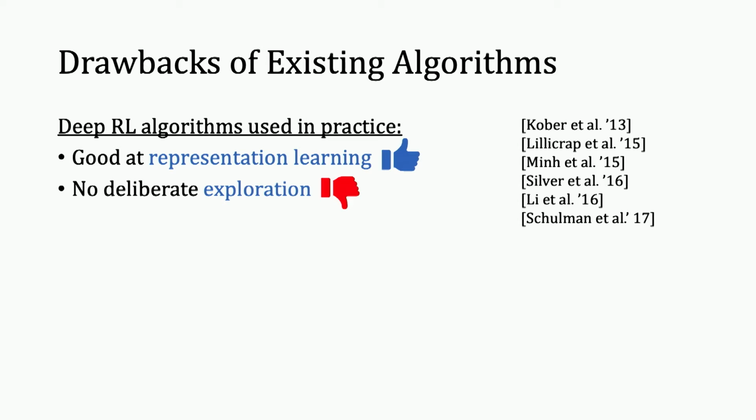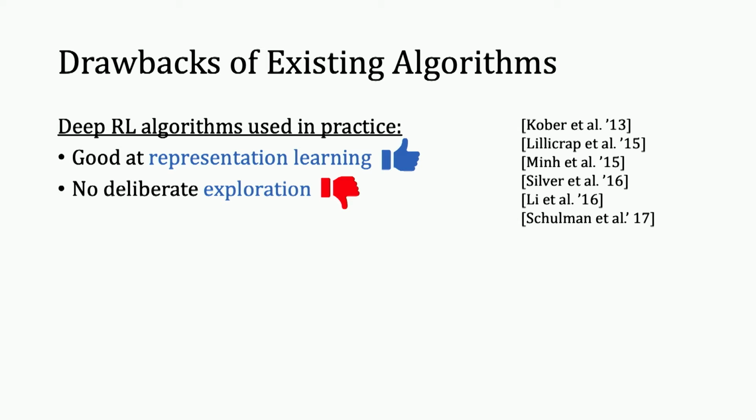There's a lot of empirical work on reinforcement learning, very successful. And part of this is due to these deep RL methods. They're used in practice. And they're good at learning representation, or I guess we don't know whether they're good at learning the right representation, but they're trying to represent well the state.